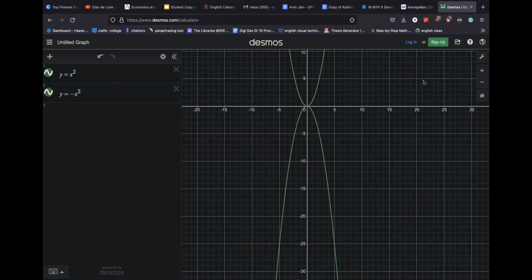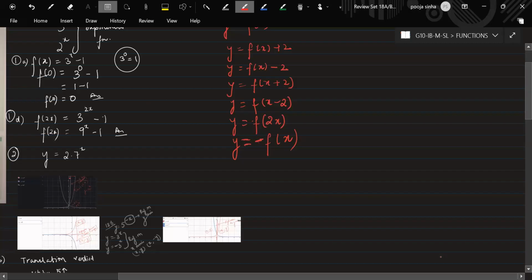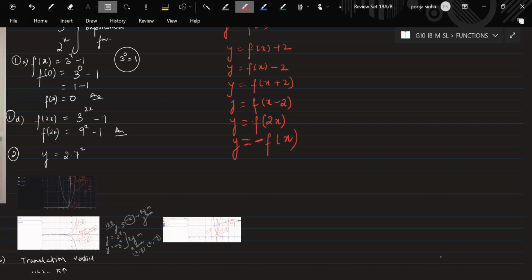Wait, miss, you've written all of those formulas in terms of f(x). Yeah. f(x) can be anything. That's why I've written in terms of f(x). It can be quadratic, a line, or an exponential function. So why do we put minus f(x)? I'm trying to show that whatever function it is, suppose f(x) is equal to 3x squared plus 5, whatever graph I get for that will get reflected.